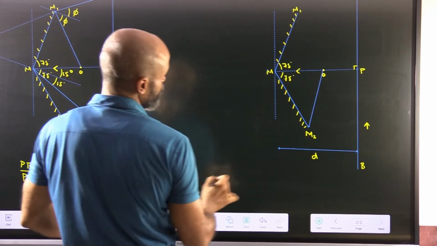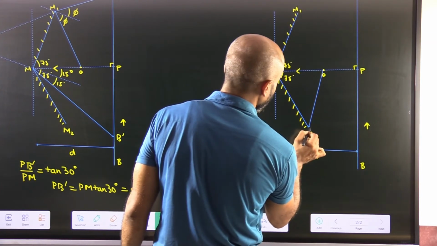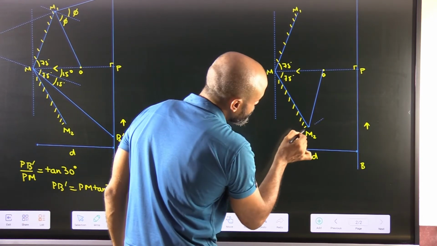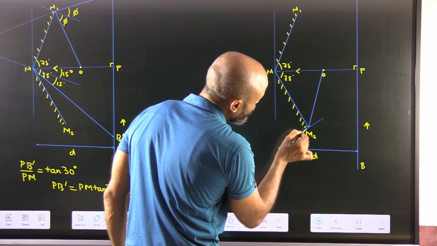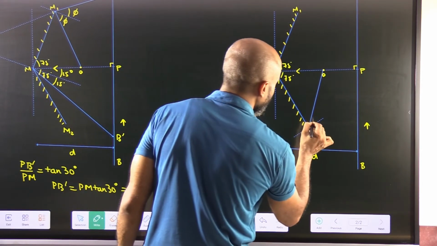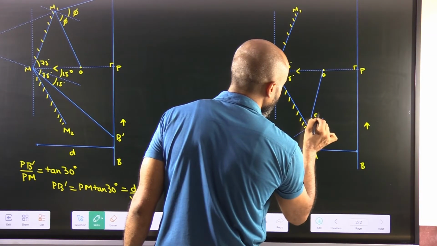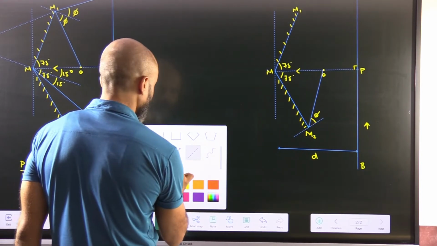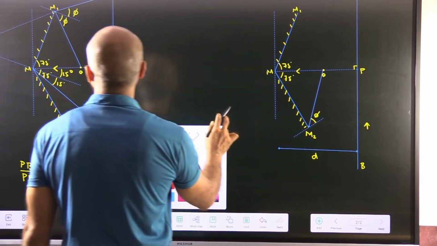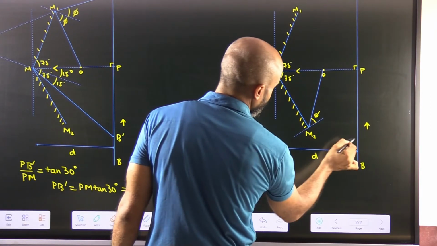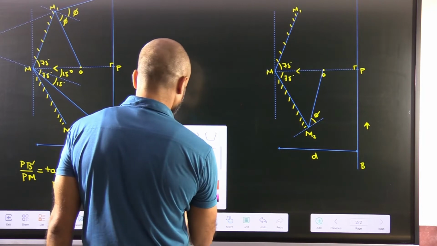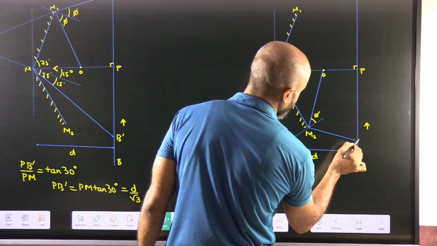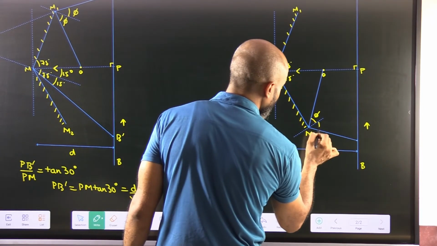After reflection, if I draw a normal here, the normal is drawn on this surface, so obviously this angle is going to be the angle of incidence phi, and this will be reflected somewhere here, and we have angle phi here.